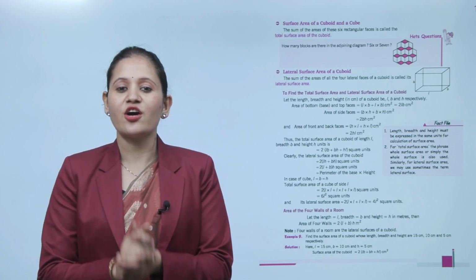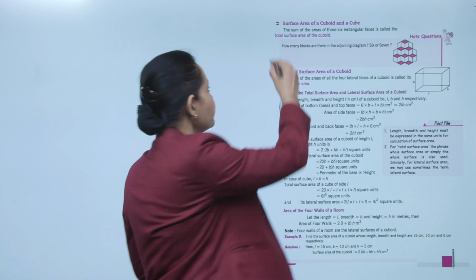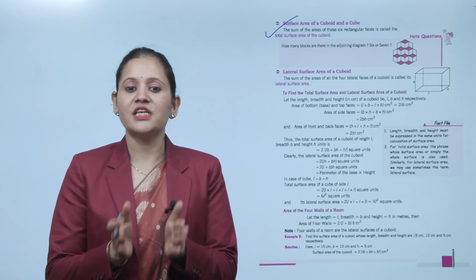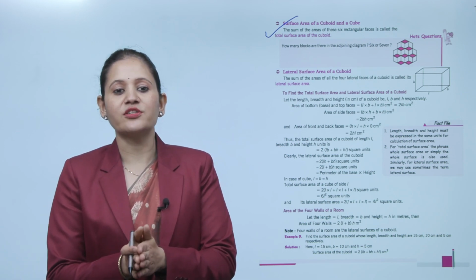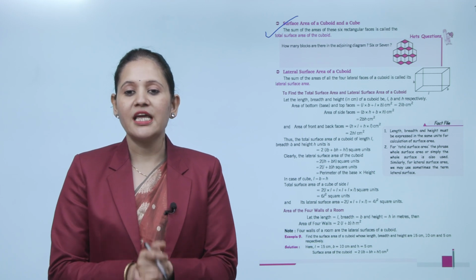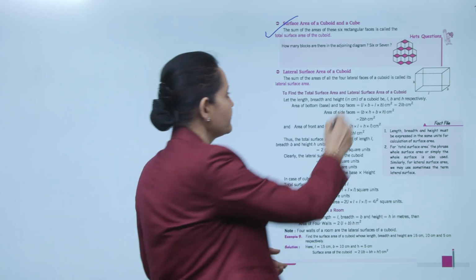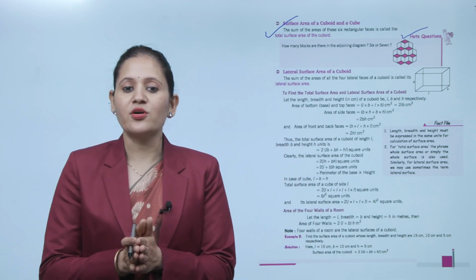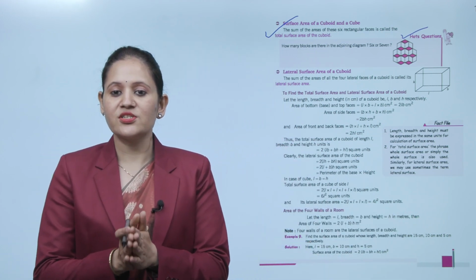Next is surface area of cuboid and a cube. The sum of the areas of these 6 rectangular faces is called the total surface area of the cuboid. Next is the HOTS question. How many blocks are there in the adjoining diagram? 6 or 7?